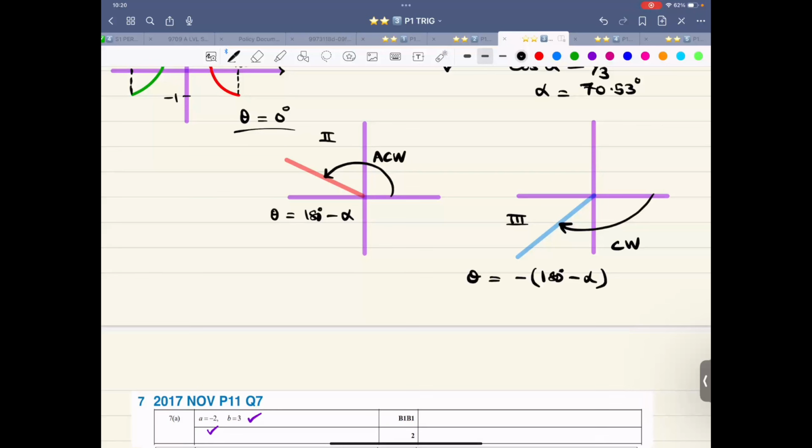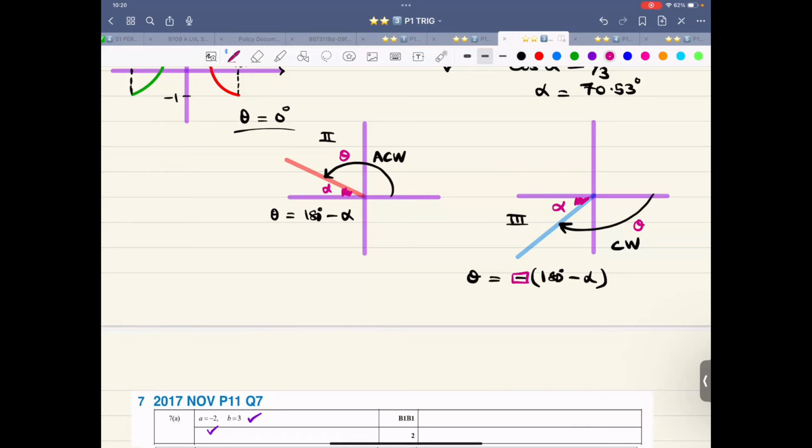Why? Because if this is alpha, let me label this thing. The basic angle is alpha, and this is theta. It's the same thing as above, except that it has a negative sign because of clockwise. So subtract alpha from 180.